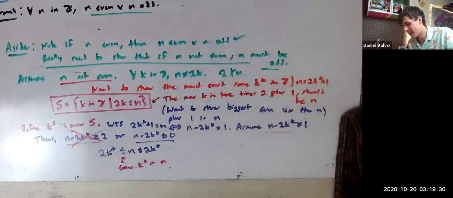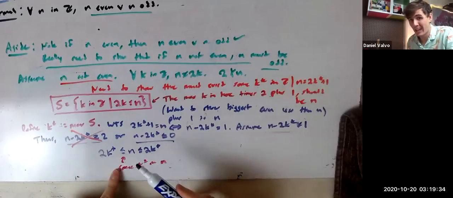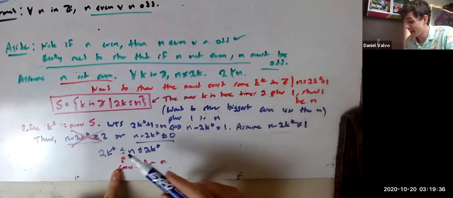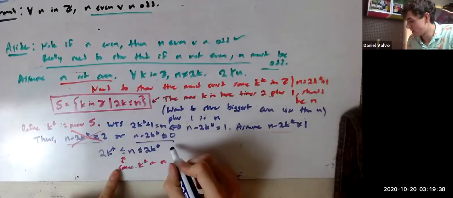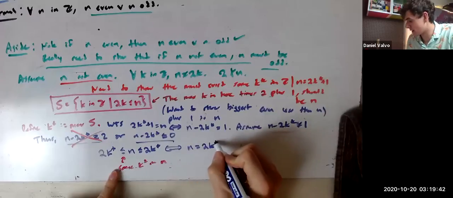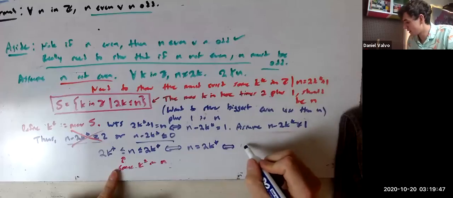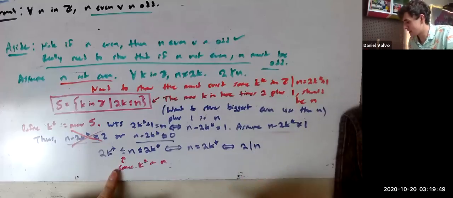What's the problem here? The problem here is that 2K star is less than or equal to n. So if n is bigger than or equal to 2K star, and n is less than or equal to 2K star, the only option is that n equals 2K star. But then that means that 2 divides n.